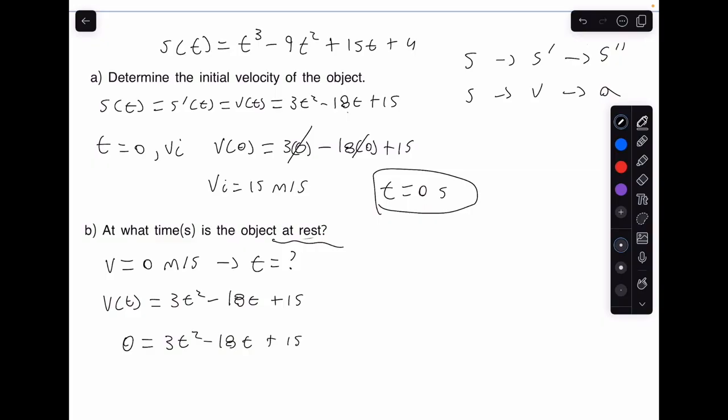Now it's just a factoring problem. So I'm going to pull out the 3, common factor that 3 out, get 3t squared minus 18 divided by 3 is 6t there, and then plus 15 divided by 3 is 5.